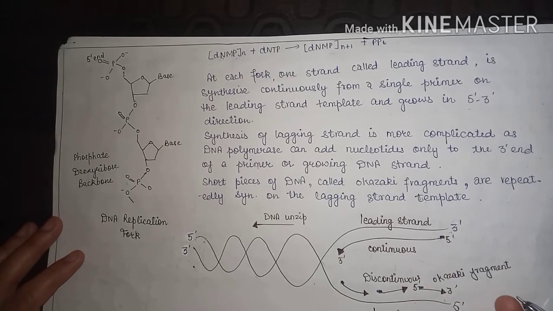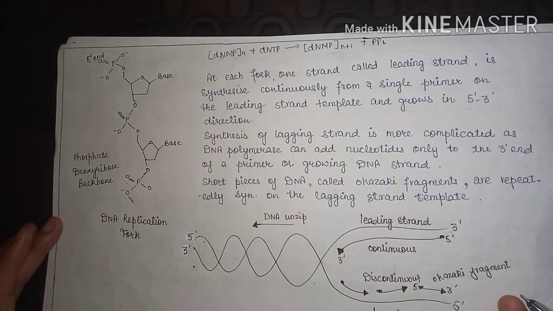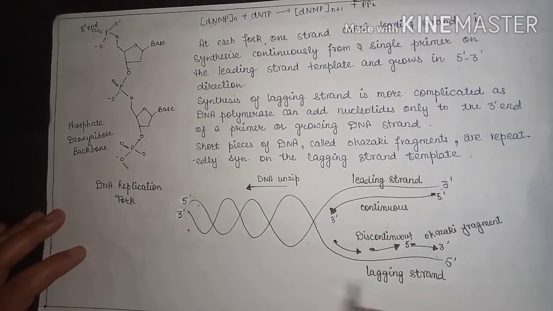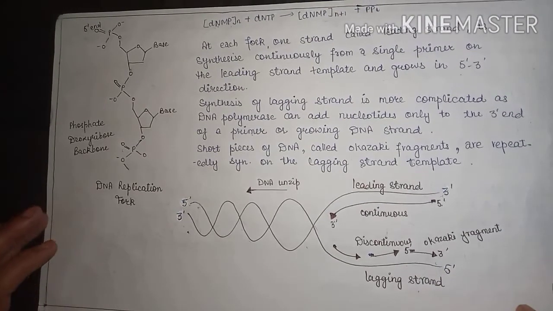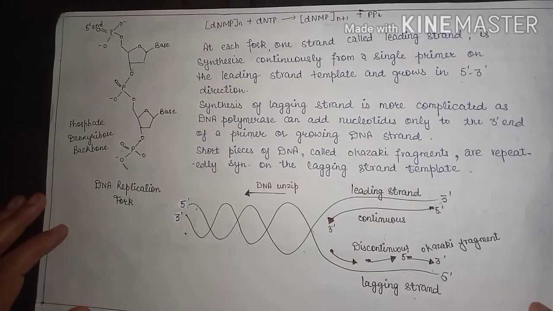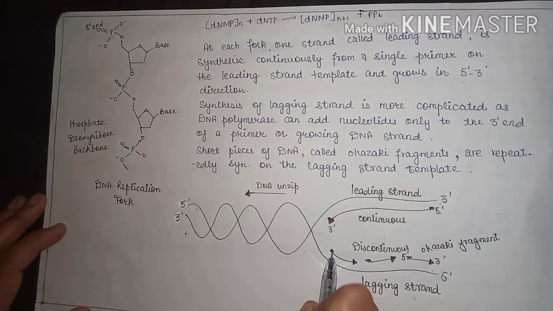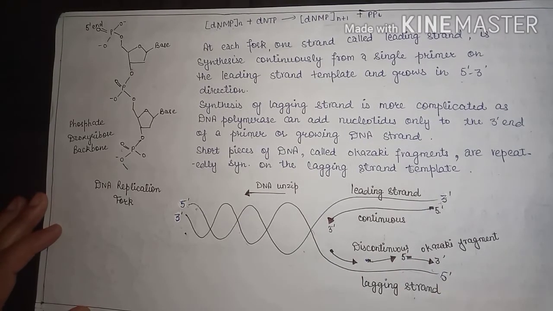They are never 3' to 3' or 5' to 5', right? The same applies to the lagging strand, where nucleotides are added on the 3' end, the growing DNA strand, right?